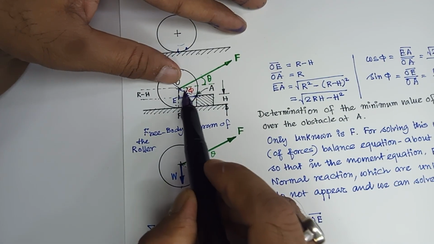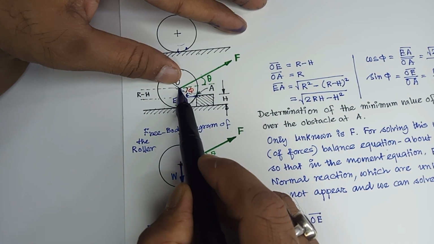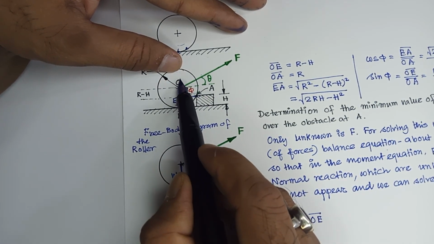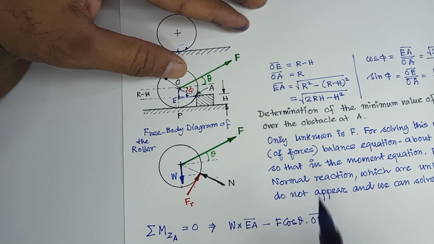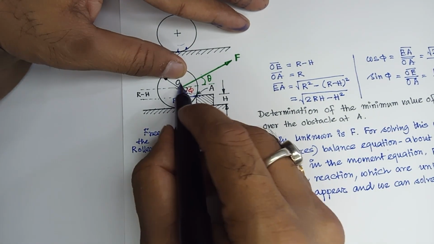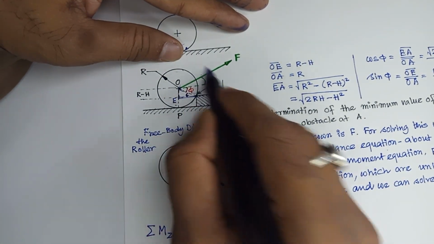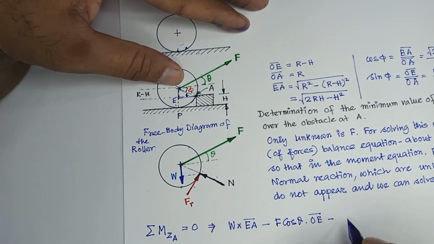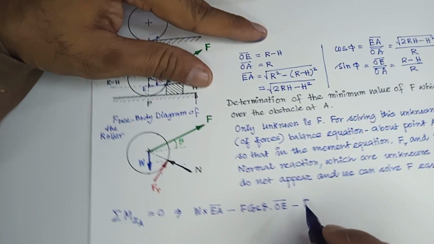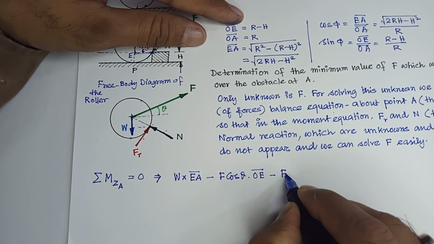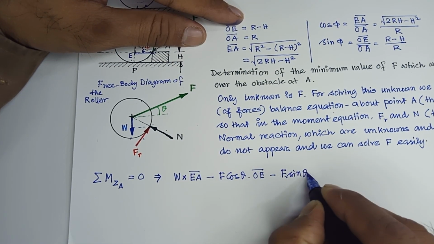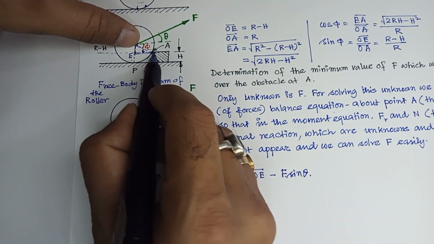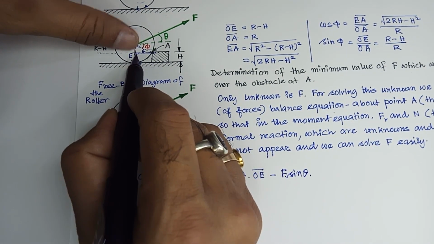And the component of F in the vertical direction, that is in this direction, that is also minus, because that will also give you clockwise moment about this point. So F sine theta multiplied by this distance, what is that?